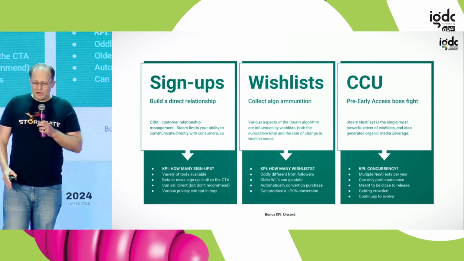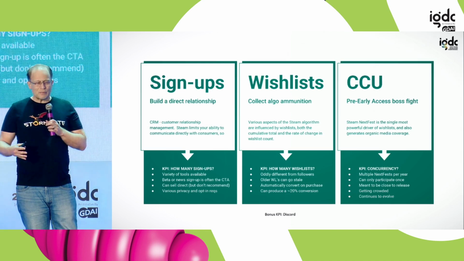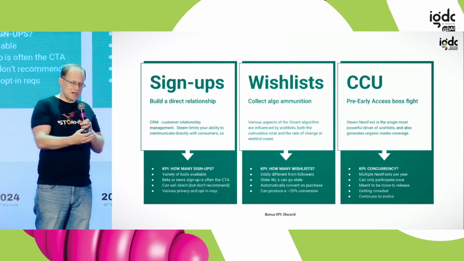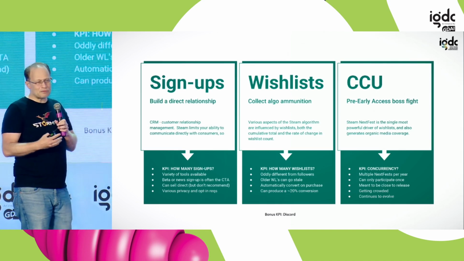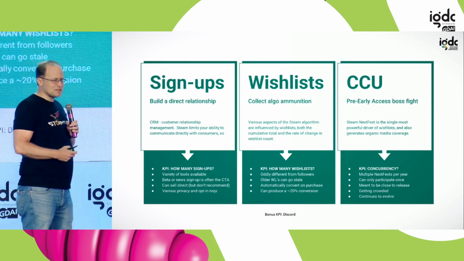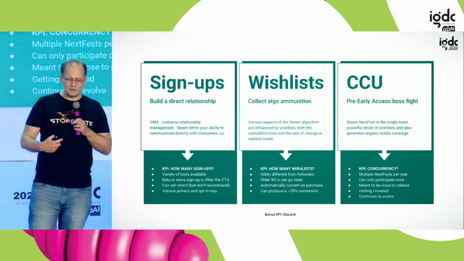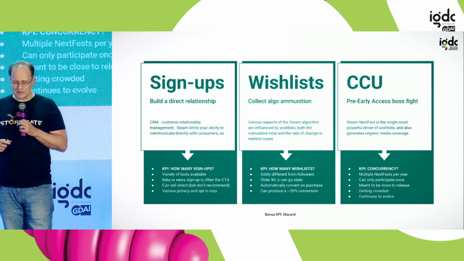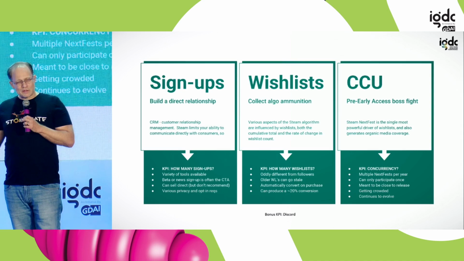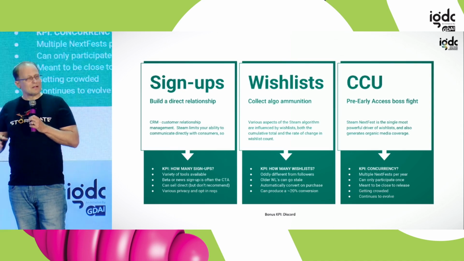So the first one is signups. Many developers take registrations for a beta, for a newsletter, but try to collect actual email addresses for players because Steam as a platform doesn't give that information to you as a developer. Steam actually limits the number of opportunities that you have to directly communicate with the players in your game.